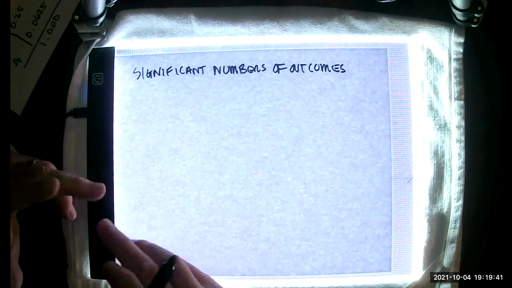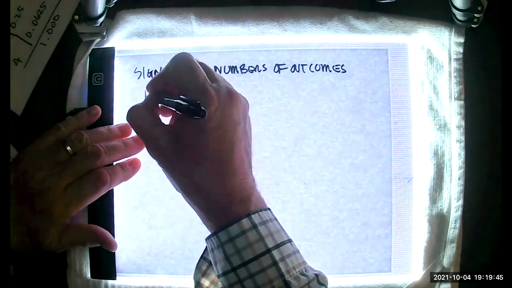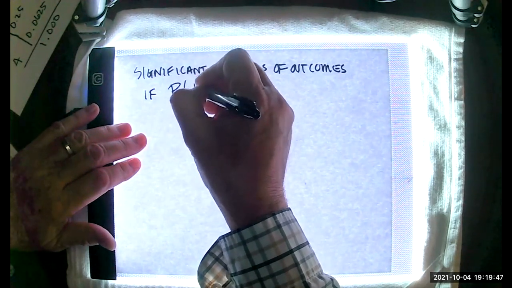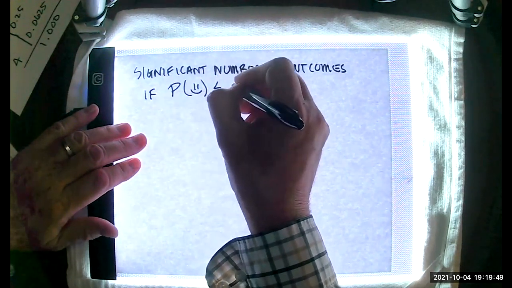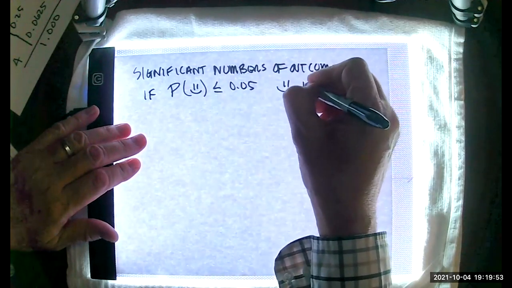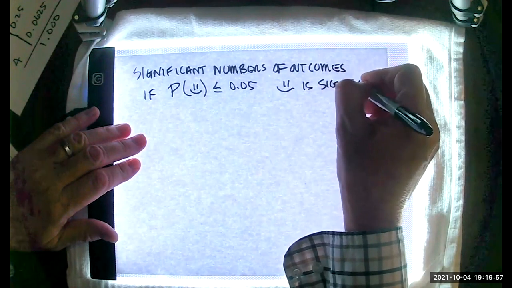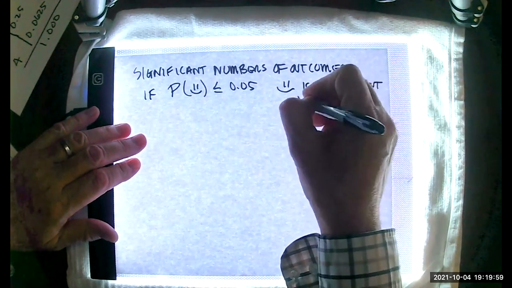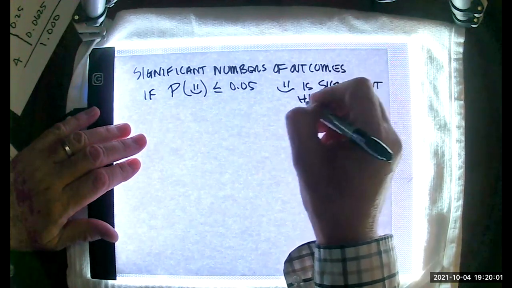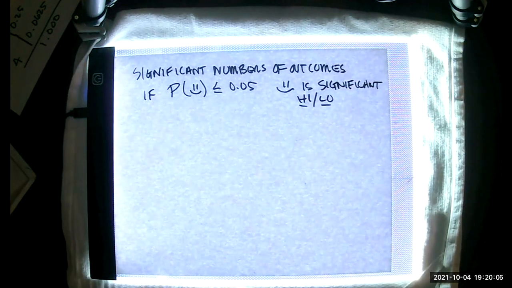We have a probability value. If the probability of whatever it is we are looking at is less than or equal to 0.05, whatever we're looking at is significant. Maybe high, maybe low, we don't know, but it will be significant. We got to actually look a little bit more at the problem.